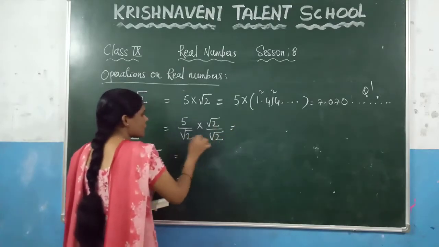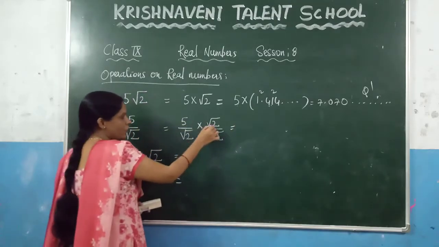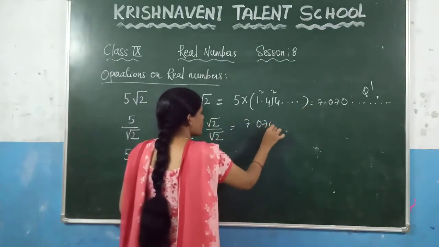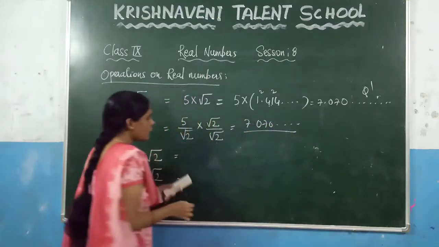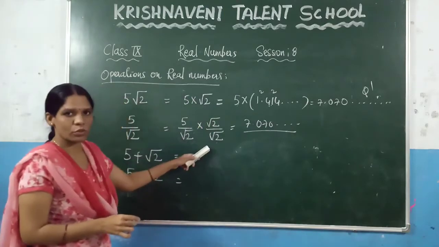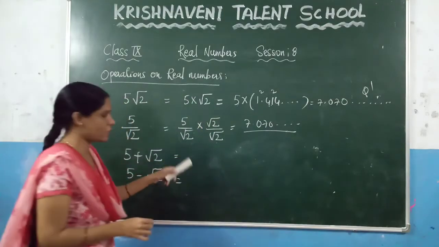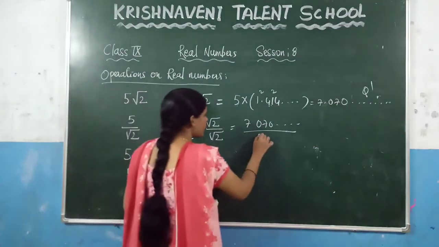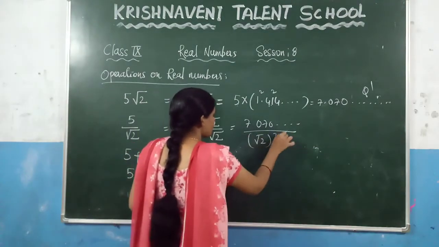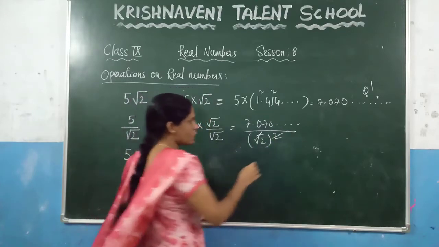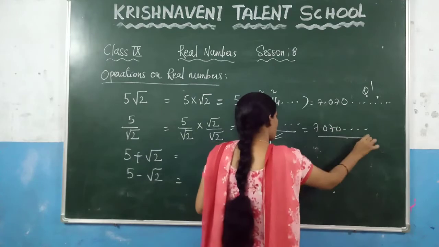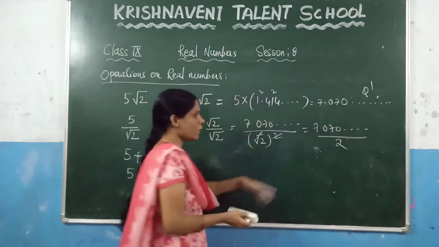So what will we get? 5 into root 2, which we already calculated as 7.070 and so on. And what is the value of root 2 into root 2? It is nothing but root 2 whole square. How many times is root 2 multiplied? 2 times. So we write root 2 whole square. This square and root will get cancelled. What is the result left? 7.070 and so on divided by 2. Now we can divide it.